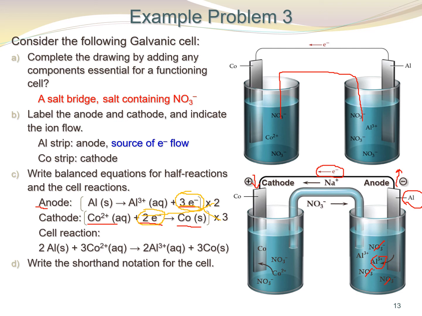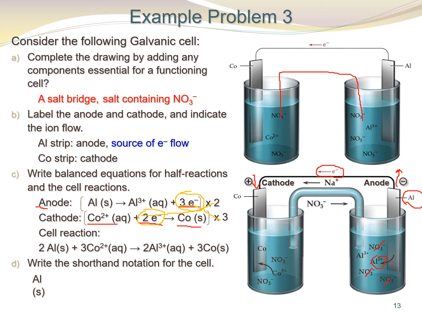As you can see here, 3 times 2 plus, that's a 6 plus. 2 times 3 plus, that's a 6 plus. We have the atoms balanced, we also have the charge balanced. When we write up the shorthand notation of the cell, remember we start with the anode, with the electrode first, so that's why we have aluminum. And aluminum also is a reactant as we go into the chamber.